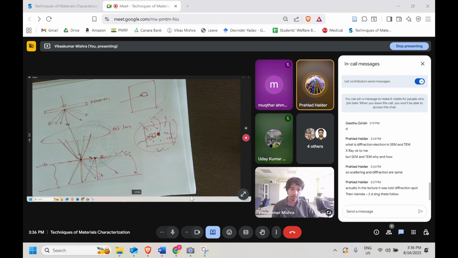electrons fall on the samples, they transmit through the samples, and scattering phenomena takes place. And out of those scattering things, when passing through the objective lens, those electrons which are meeting the requirement of n lambda is equal to 2d sin theta, they will be only diffracted, and those things only we are collecting as a diffraction spot.